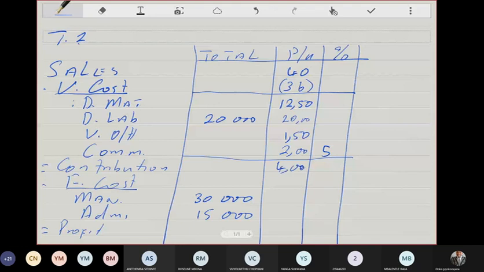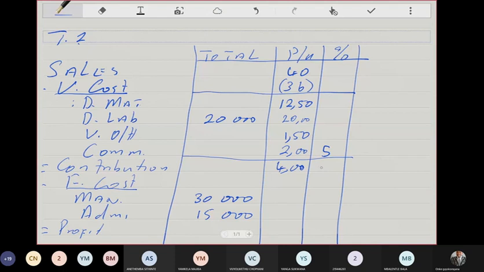So we've got 4 rand per unit. We can also work out the ratio immediately using this. Take this 4 rands and divide it by your selling price per unit and you find that it is equal to 10% as your contribution ratio.